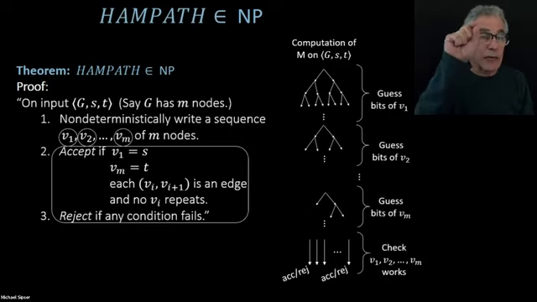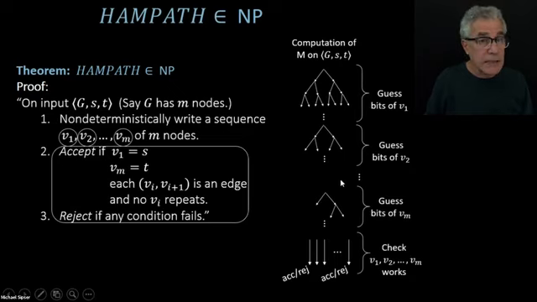I'm sorry, so here we're guessing potential paths in the graph, and now we're going to check that we actually have picked a path that's a Hamiltonian path from S to T.